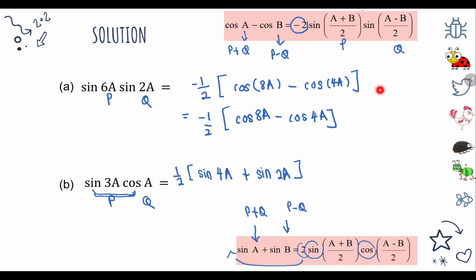So the answer is 1 over 2 (sin 4A plus sin 2A). It will be better if we have a bracket to show that the sin belongs to the whole 4A and 2A.